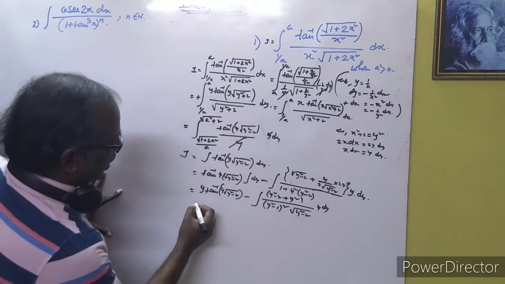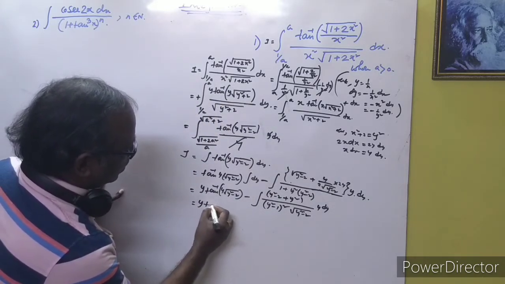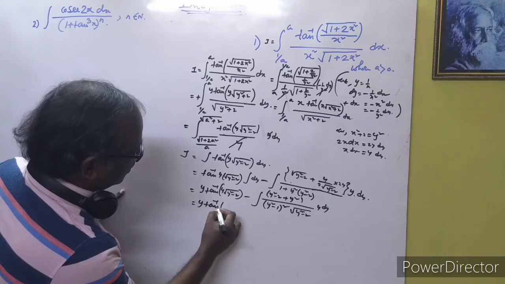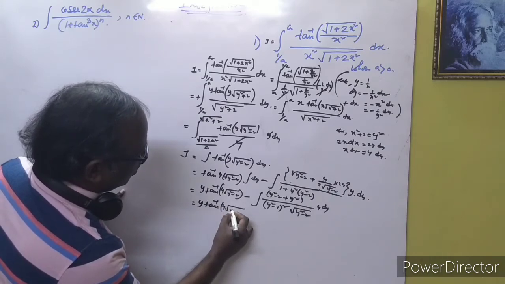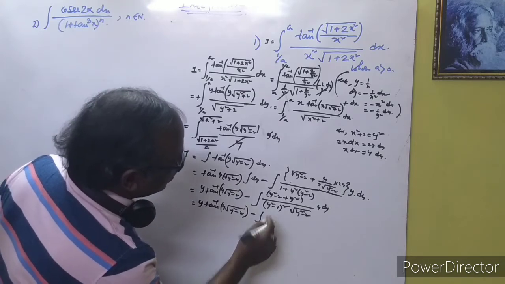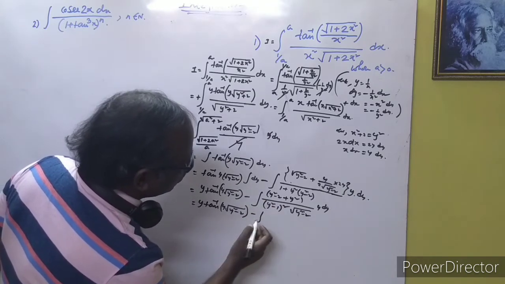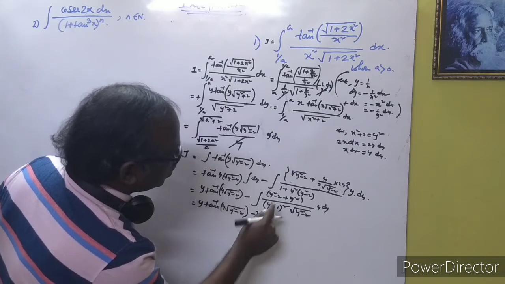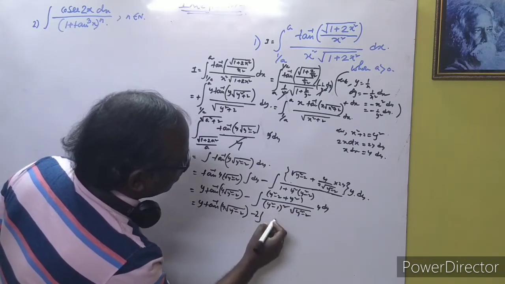So this can be written as y into tan inverse y into root over y square minus 2, minus 2y square minus 2. So take 2 common. So y square minus 1 and y square minus 1 are cancelled.